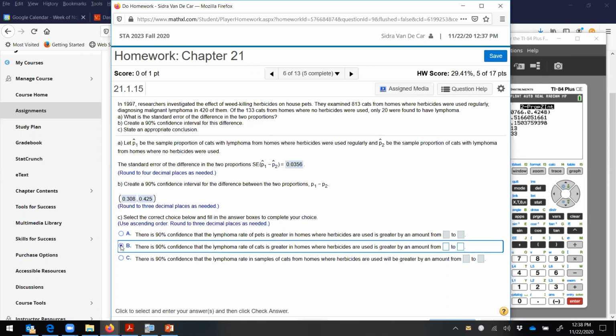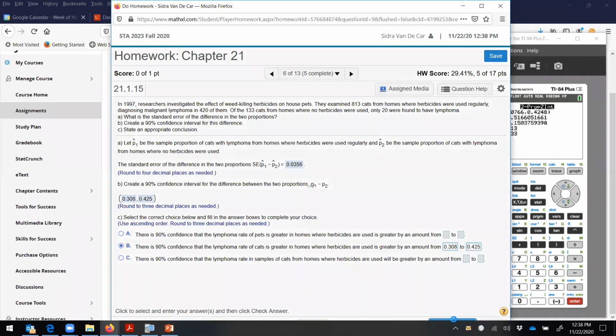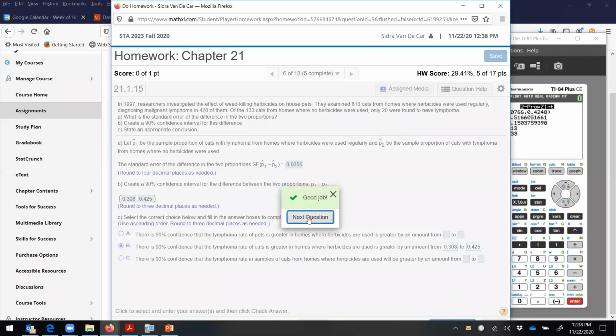That's the only difference in the wording. Our sample was only on cats, so I can only generalize to cats. From 0.308 to 0.425. They didn't prompt me for a percent sign there, so I assumed that they wanted the decimals.